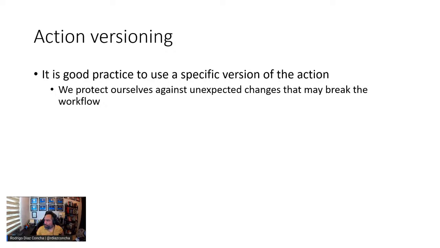Let's suppose that the owner or creator of a particular action releases version 1 and then releases version 2 with some breaking changes. So if you didn't have the specific version 1 in your code, you're going to break your code, right? You're going to have some serious problems. That's what I'm talking about here.